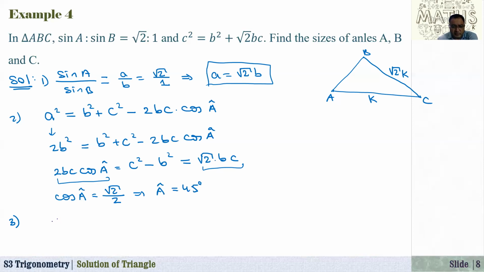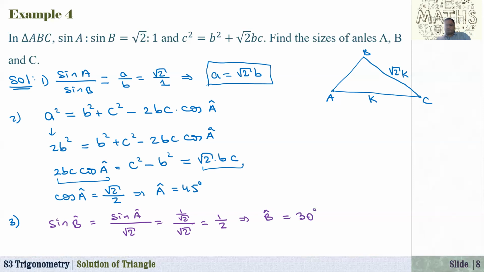From the first given expression, sine of B is equal to sine of A over square root of 2, the first given ratio. That is 1 over square root of 2 over square root of 2, which is equal to 1 over 2. And we know it's a special angle. From here, angle B is equal to 30 degrees.